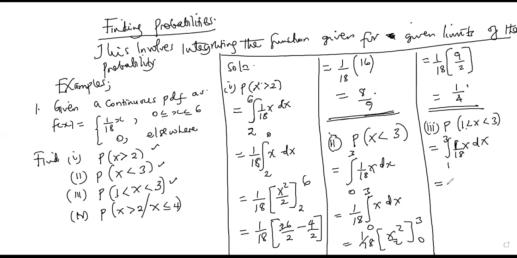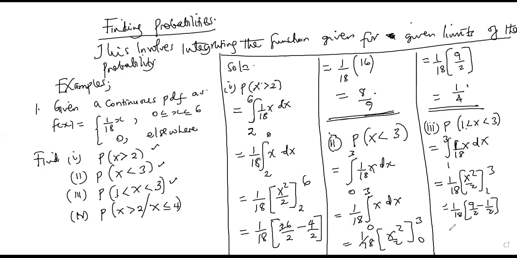So this is the same as 1 over 18. When you integrate x, you get x squared over 2, but from 1 to 3. So this is 1 over 18. Substitute 3 first, it will be 9 over 2, because I'm squaring it, then minus, we substitute 1, it will be a half.